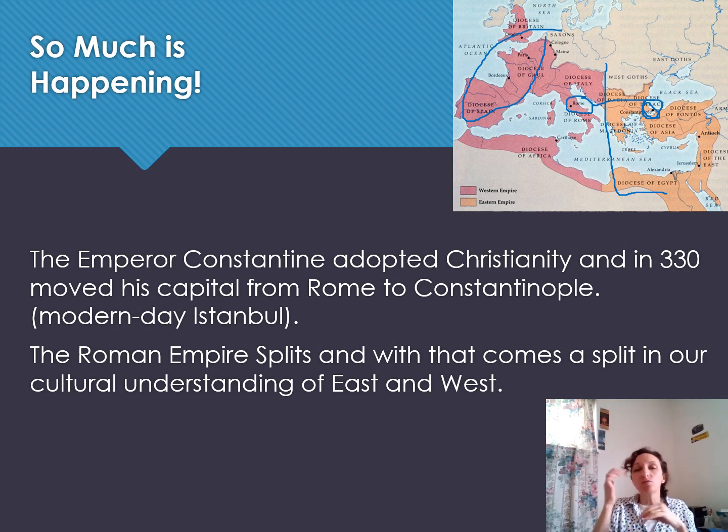So even though this was a unified empire at one time, unified under a single kind of banner, our cultural understanding of the lines of language and the lines of culture and the lines of idea go through this separation between East and West.